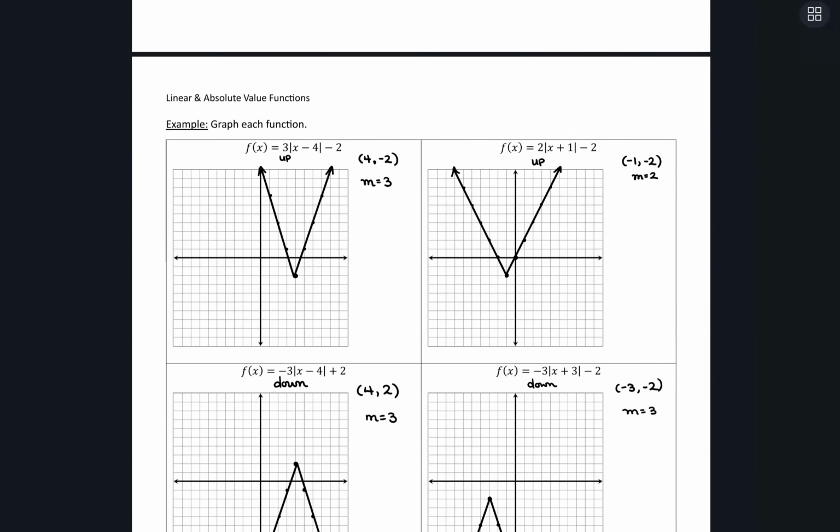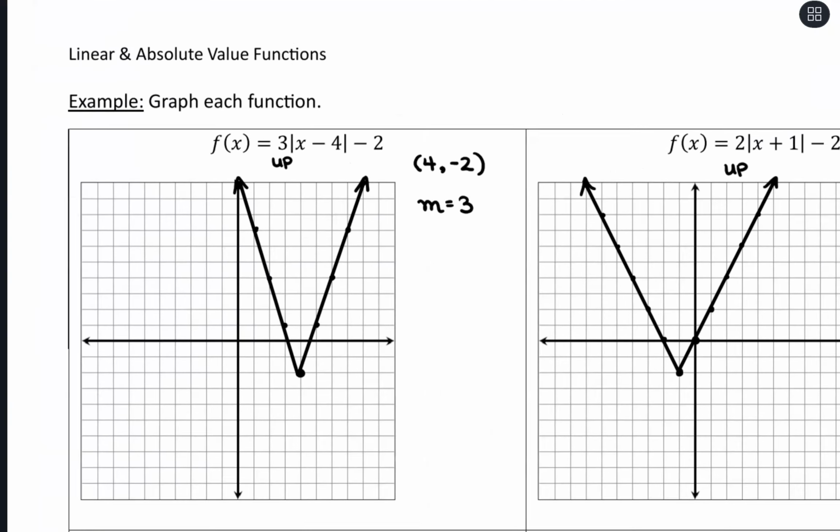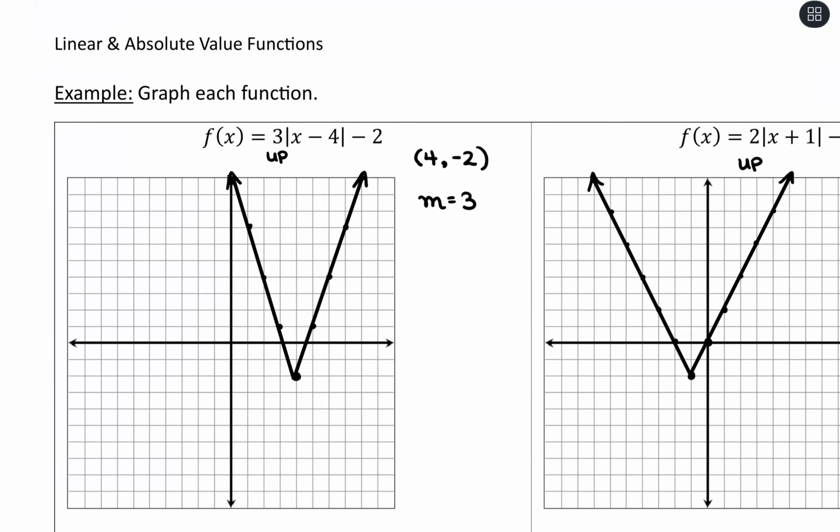Just to talk about domain and range real quick for each of these, for all of them, domain is all real numbers. Absolutely all of them. Range is a little different. Range, we need to look at where that corner is, and specifically we would look at the y value of the corner. So that would be our starting point, and then because it's opening upward, we would have all values above.